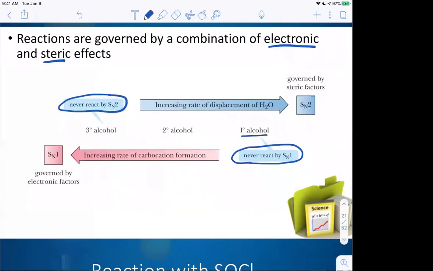It'll only react by SN1. The secondary alcohol is the one where I have to really figure out if the steric factors or the electronic factors are going to predominate, by analyzing the conditions of the reaction, just like we did in chapter 7.